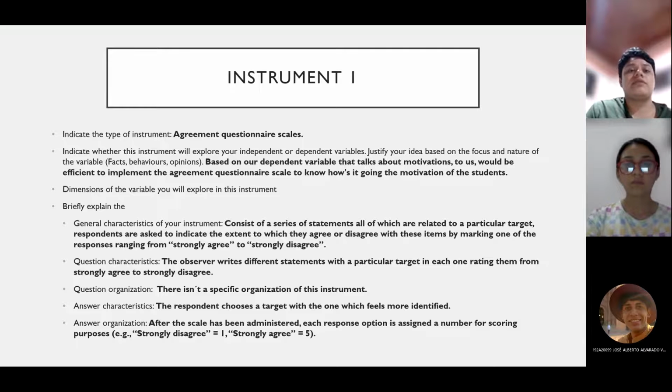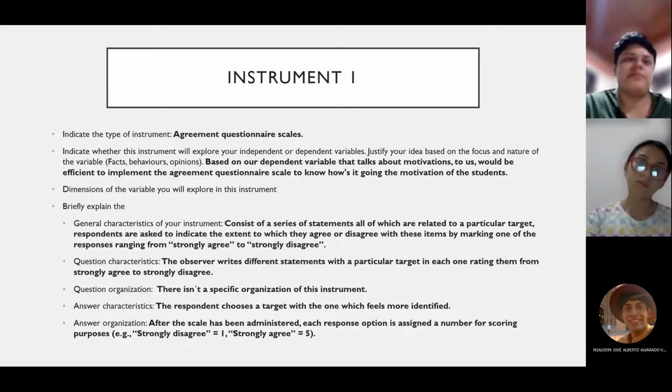The question characteristic is that the observer writes different statements with a particular target in each one, rating them from strongly agree to strongly disagree. The question organization is that there is a specific organization in this instrument actually. The answer characteristic is that the respondent chooses the target with which they feel more identified.